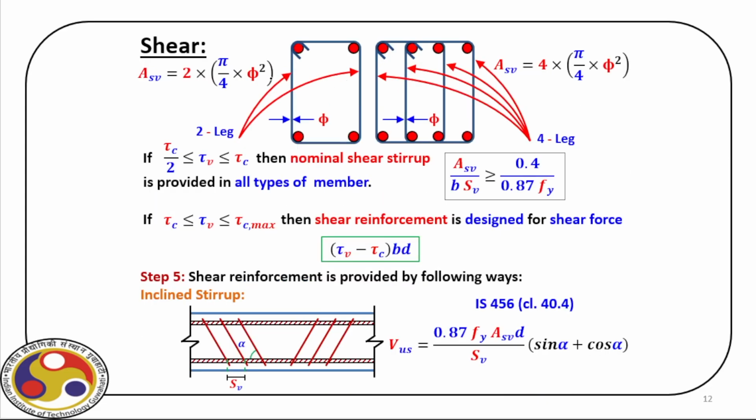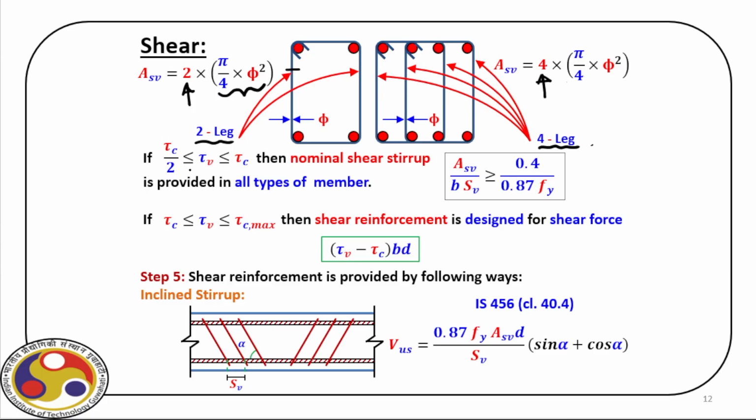Now, as I said, we can have a minimum of two-legged stirrup. Sometimes we have multiple-legged stirrup, like in this case we have four-legged. So if we have two-legged stirrup, we calculate the cross-sectional area of one reinforcement, multiply that by 2, and we get Asv. Now if we have four-legged, obviously we have to multiply it by 4.